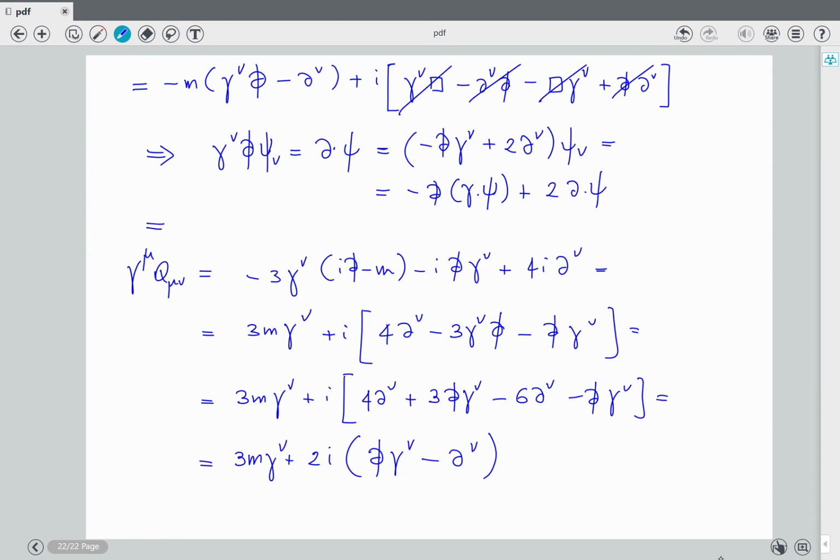And therefore we also have divergence equals 2 divergence minus this object. Rearranging, ∂̸ γ·ψ is equal to the divergence. So when you act with ψ^ν here, you have ∂̸ γ·ψ minus the divergence. That means that this thing goes away.